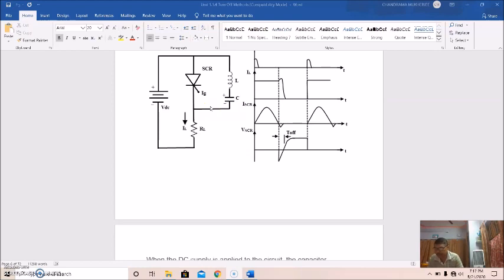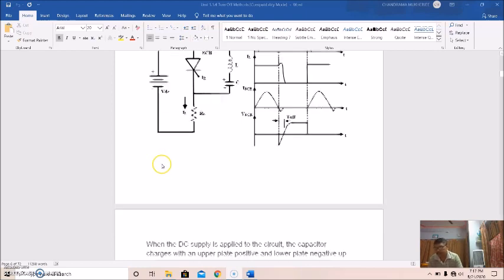So the thyristor current will be the load current minus the capacitor current, IL minus IC. As soon as the commutating current IC is greater than the load current, the thyristor is turned off.